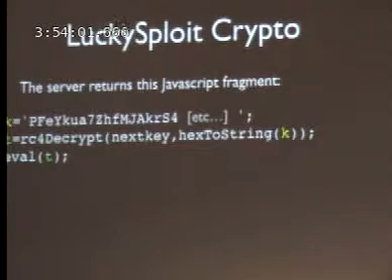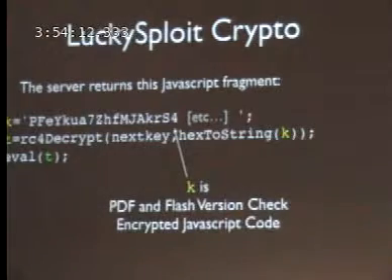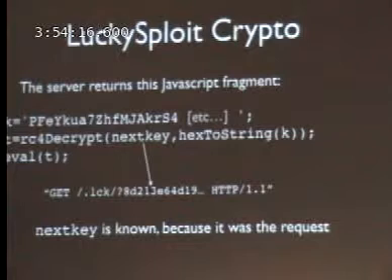So the server sends back the second chunk of JavaScript, which is written like this. This is the encrypted blob of stuff. This does the decryption here. Anyway, the value of next key is what was actually stuffed into the URL on the other slide, and it's publicly known.